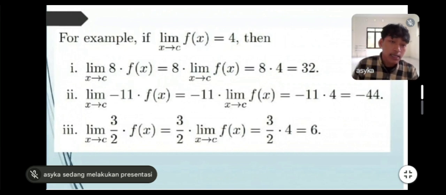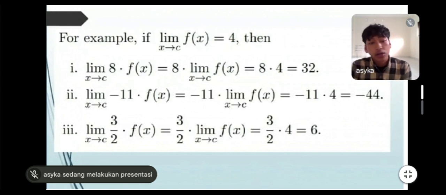And then example number 2, limit x approaching c of minus 11 times f(x) equals minus 11 times limit x approaching c f(x) equals minus 11 times 4 equals minus 44.